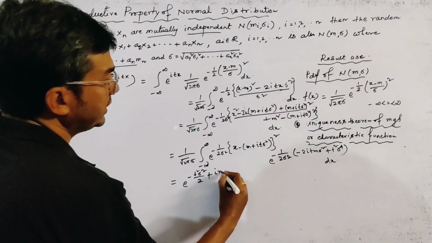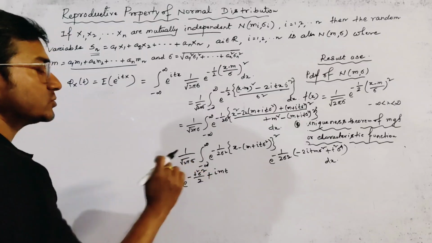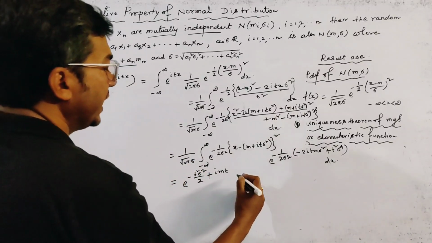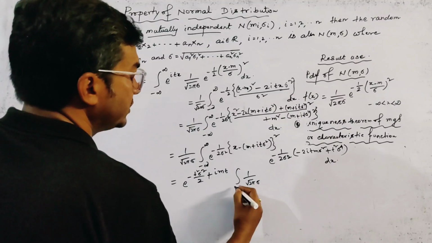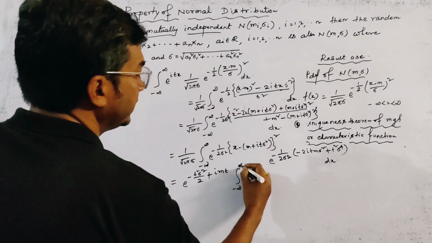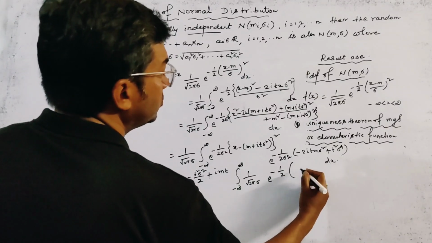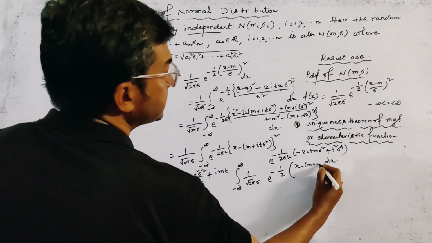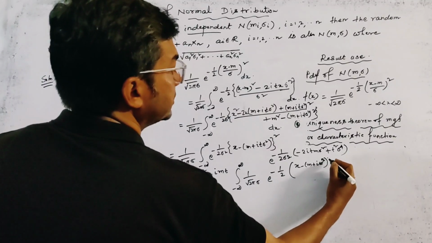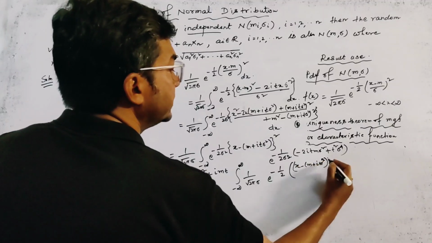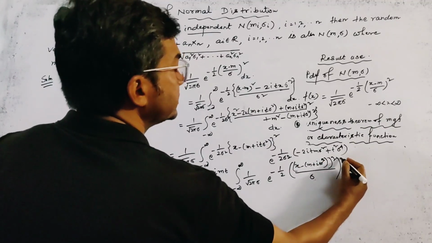This is plus i m t. So i m t minus t square sigma square by 2 we get, and the remaining term is 1 by root 2 pi sigma, integral from minus infinity to infinity, e to the power minus half into (x minus m plus i t sigma square) by sigma, whole square.